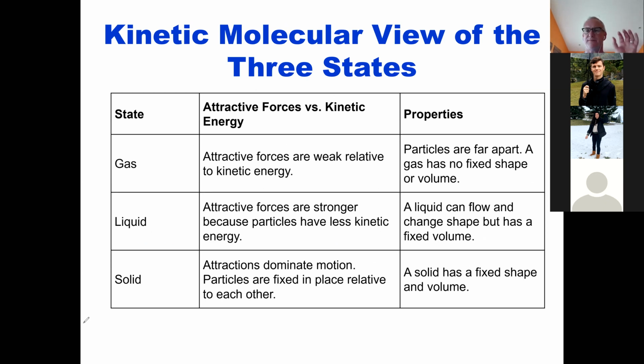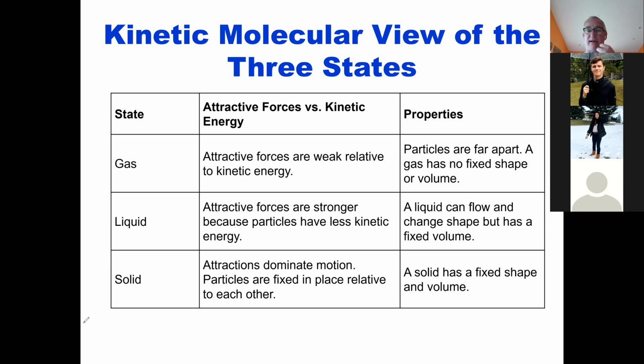Remember, we had to say that they had no volume and no attractive forces. Well, neither of those things is true. They just have very little attractive force, but a lot of kinetic energy. So that's why gas has no fixed shape. It doesn't have a fixed volume, because these attractive forces are so weak, they'll just fly out everywhere.